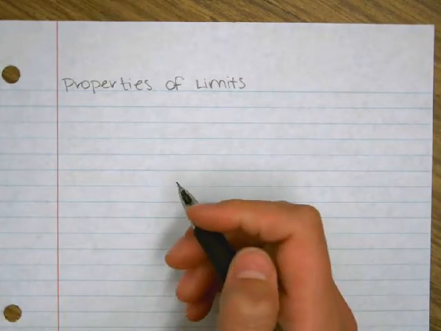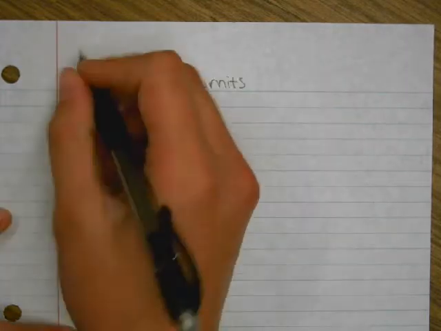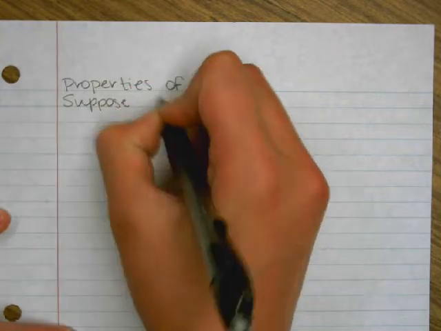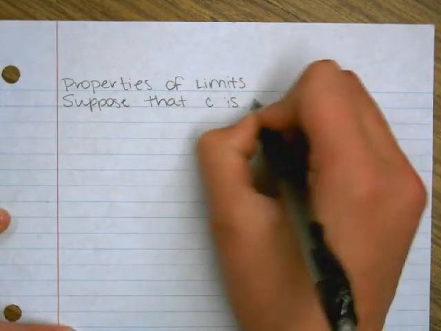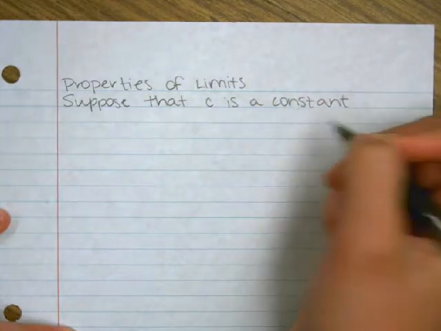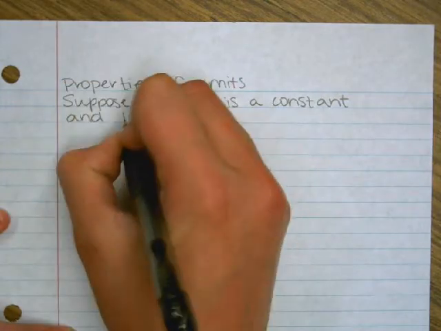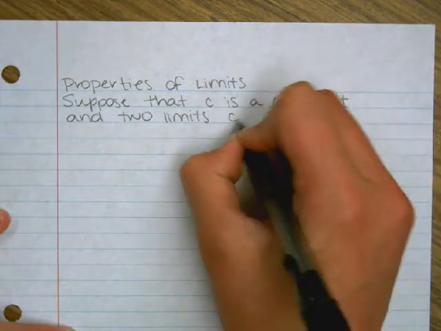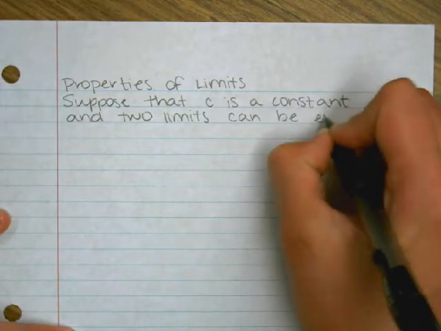Before we write down the properties, we have to write down the assumptions that we're making. Suppose that C is a constant, and by constant, I just mean some sort of number. Suppose C is a constant and two limits can be evaluated as follows.